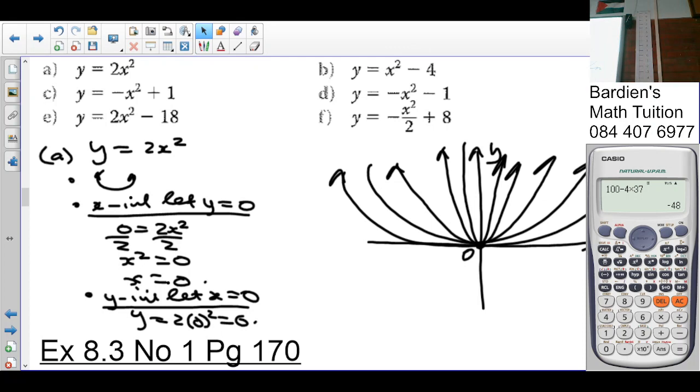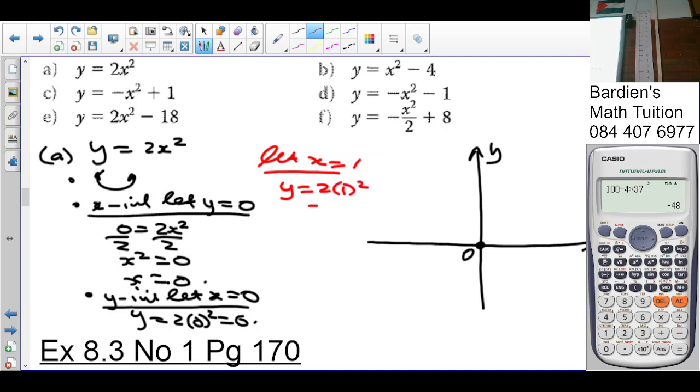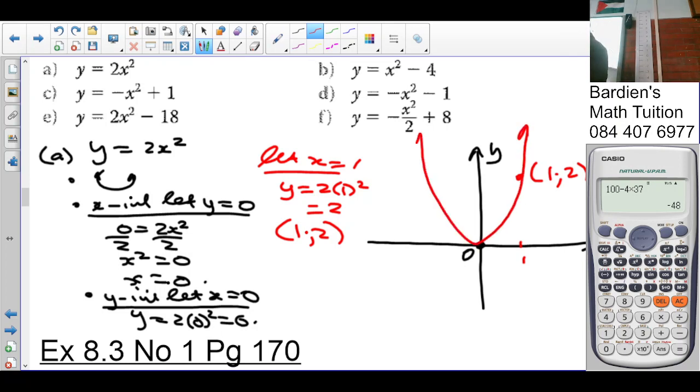We let x equal to 1. Then y is equal to 2 times 1 squared, which is 2. So it's 1 and 2. So if x is 1, y is 2. You see that? Just by approximation. There we go.